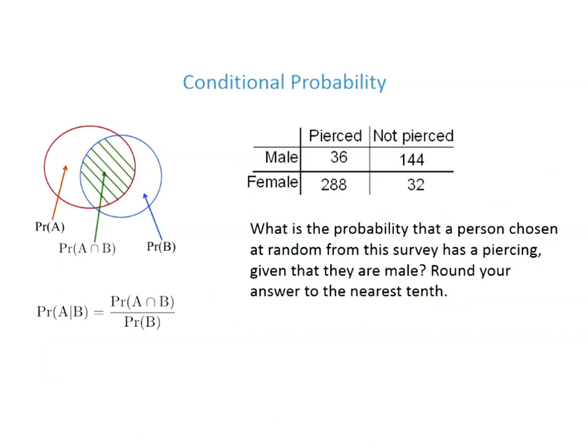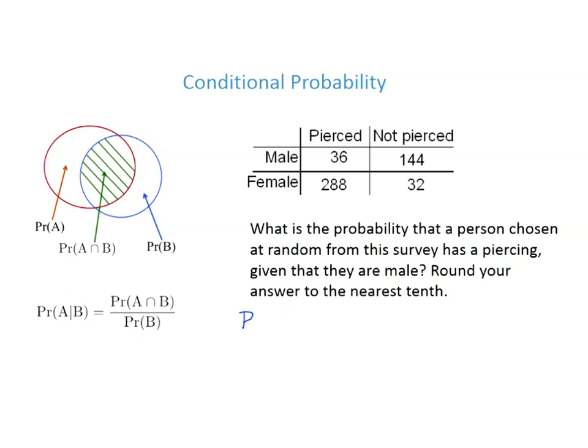This time we're given a two-way table, and we see the number of males and females with pierced or not pierced ears. What's the probability that a person chosen at random from this survey has a piercing, given that they're male?